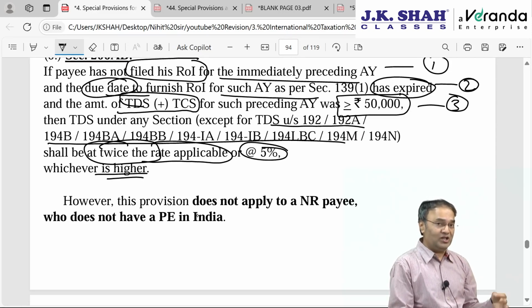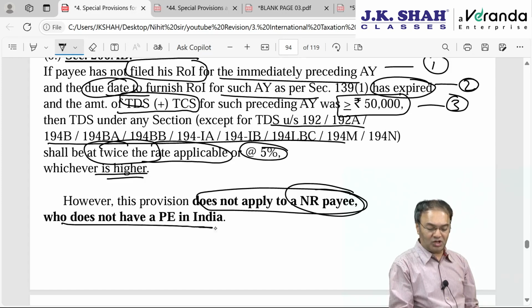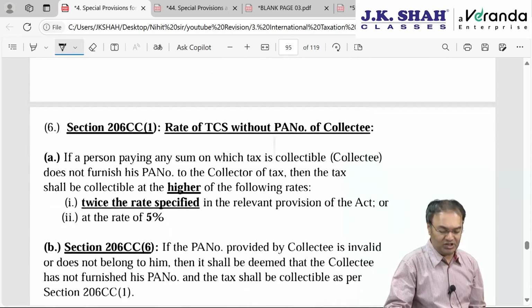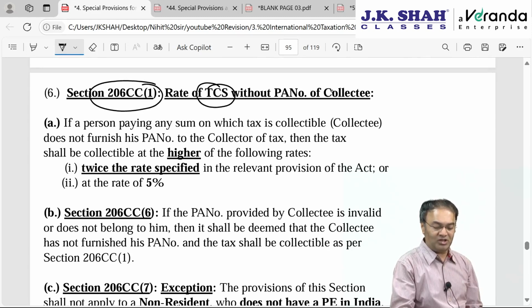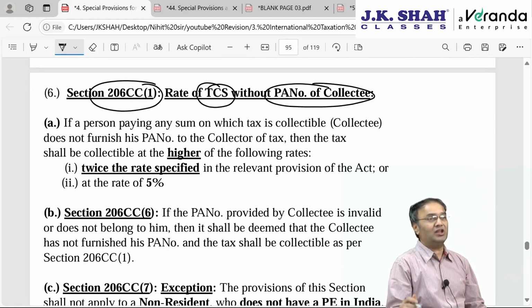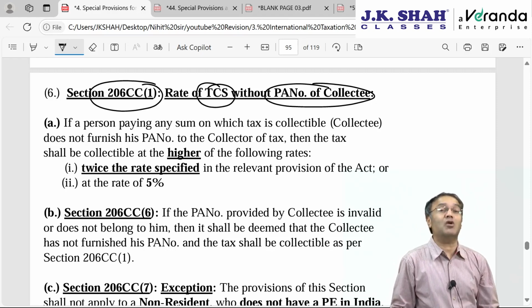This concept, TDS at a higher rate, which we are already done with in TDS chapter, does not apply, if you recollect, to a non-resident, to the non-resident payee who does not have PE in India. Similar concept in 206CC for TCS chapter, TCS without PAN number, and then 206CCA, TCS while receiving payment from someone who is a non-filer.